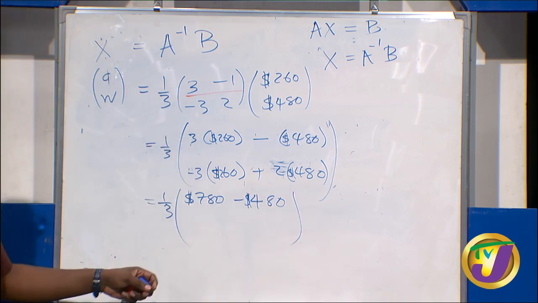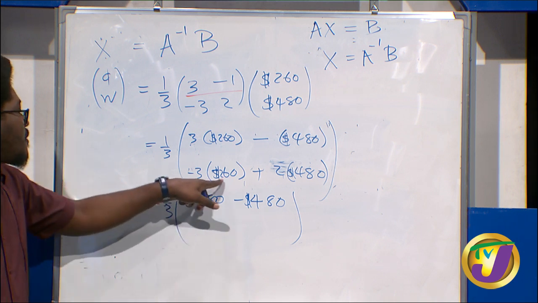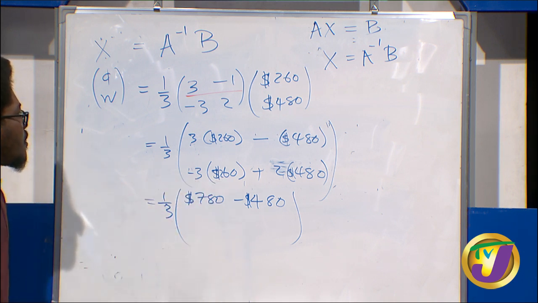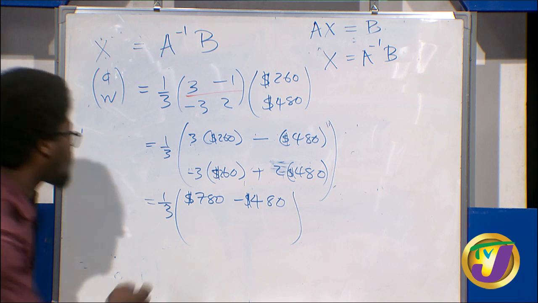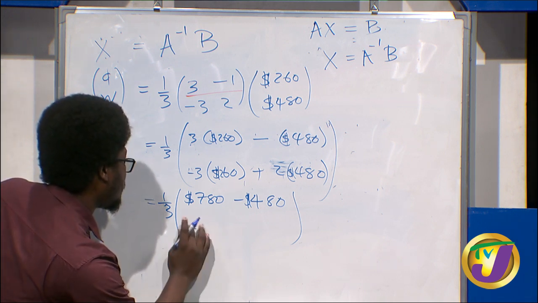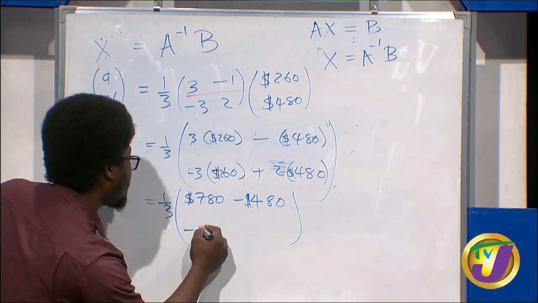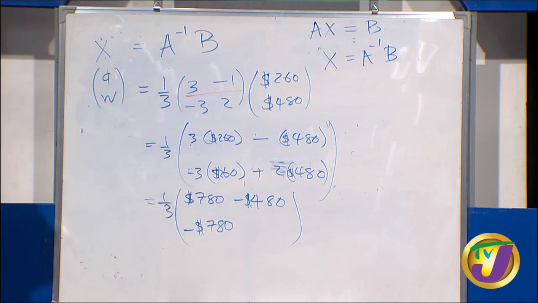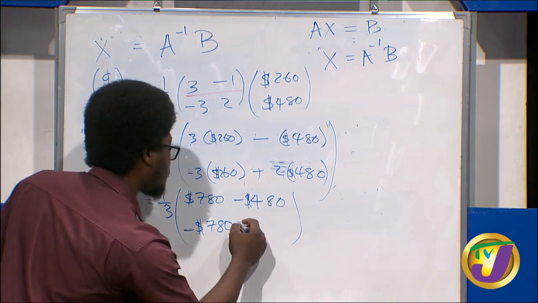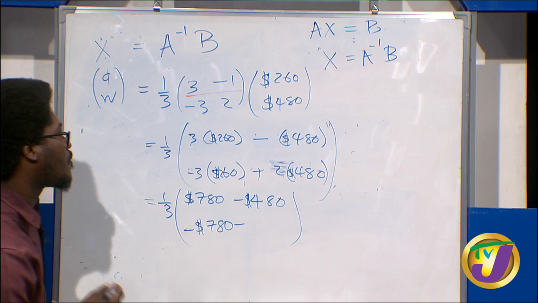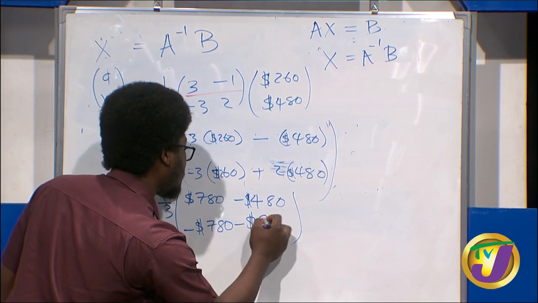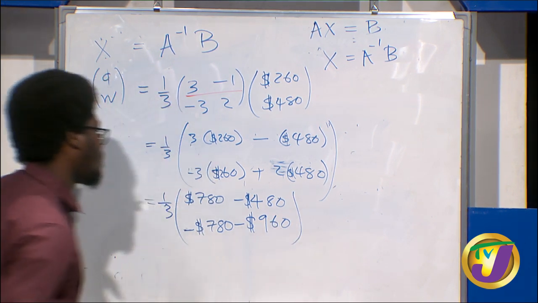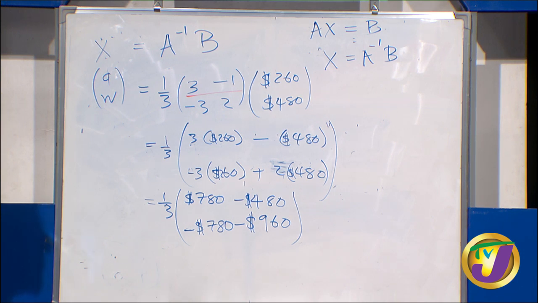And then we also have -3 times 260. 3 times, oh yeah, that would give us -780. And 2 times 480 gives us 960. Is that correct? I hope so.